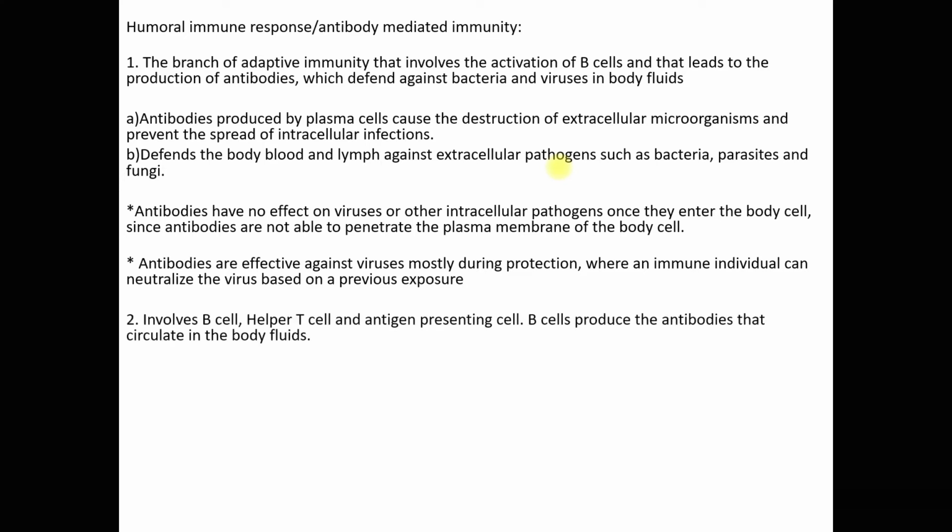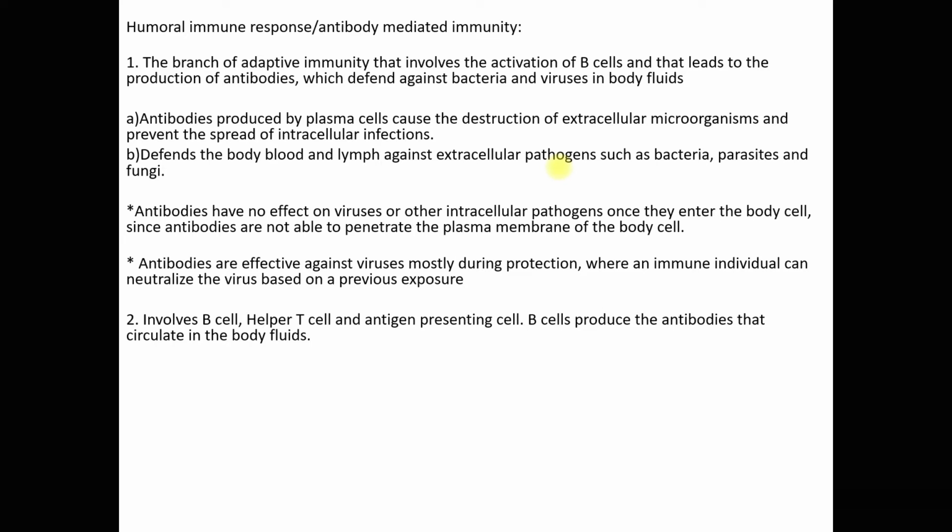Now, this humoral immune response involves B cell, helper T cell, and antigen presenting cell, like I mentioned in the previous video. Examples of antigen presenting cells are macrophage and dendritic cell, as well as your B cell also.